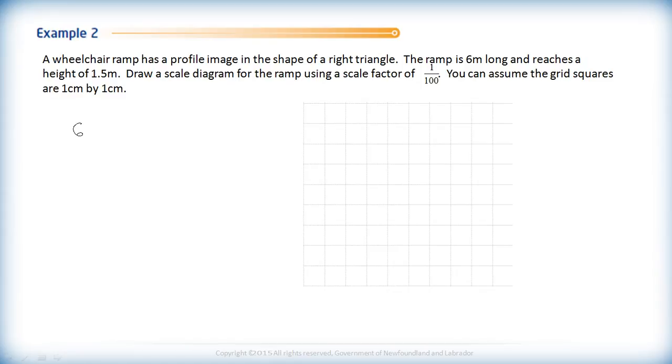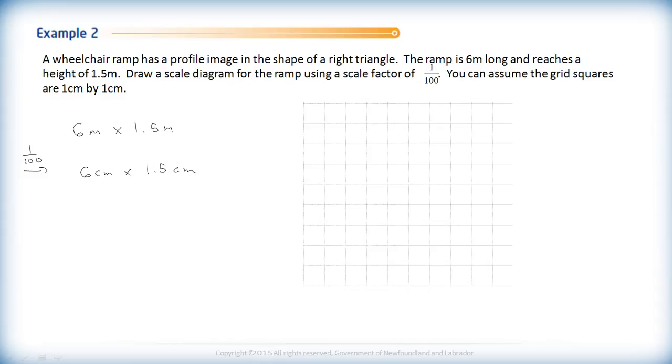So our ramp was 6 meters by 1.5 meters. So when we scale that by 1 over 100, that's 6 over 100 meters, which we could call 6 centimeters, times 1.5 centimeters.